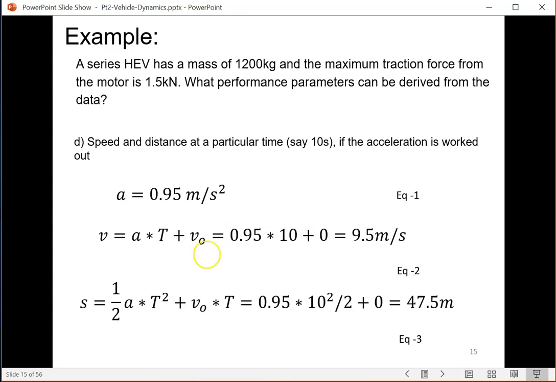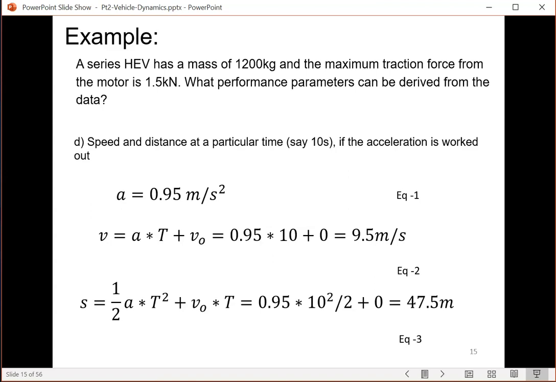In this case, the formula to apply, this is what I asked you to revise before, is V equals A times T, because A is a constant, plus V naught. I put a V naught there because V naught is the initial speed at the beginning of acceleration. But in this case, we are saying it is at standstill, so V naught equals 0.